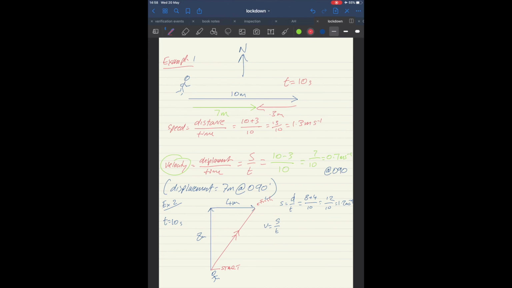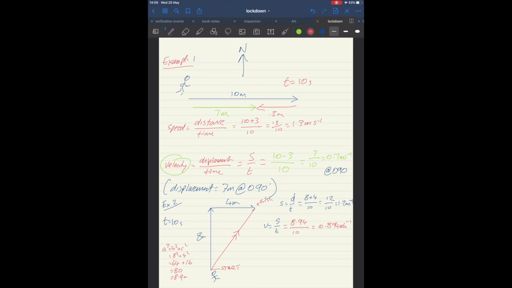It's just Pythagoras, so a squared equals b squared plus c squared, equals 8 squared plus 4 squared, which is 64 plus 16, which gives you 80. And what's the root of 80? It's 8.9 meters. So that gives a displacement of 8.94. I'm going to go to 3 sig figs because I know how much I go on about it. Over 10 equals 0.894 metres per second.